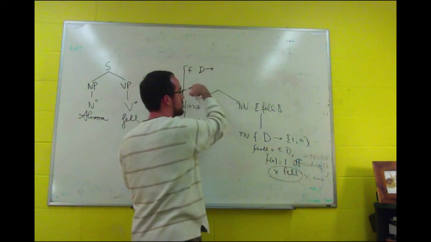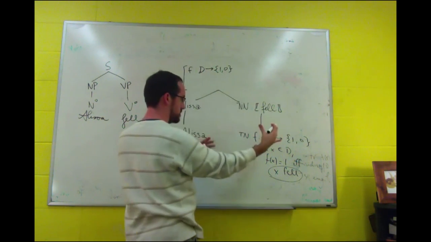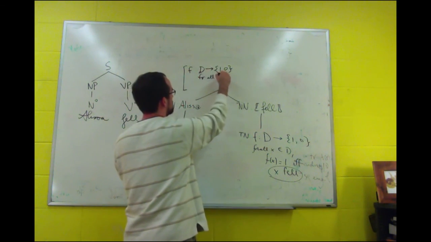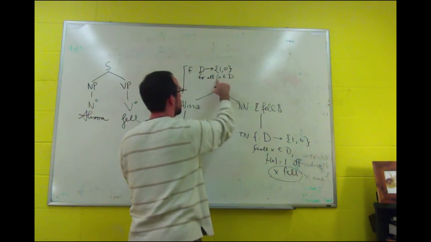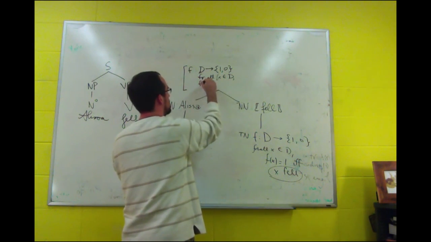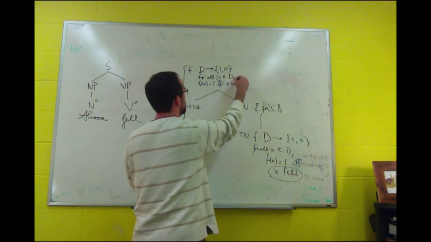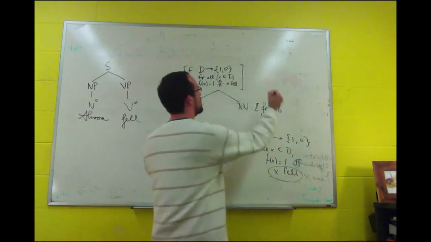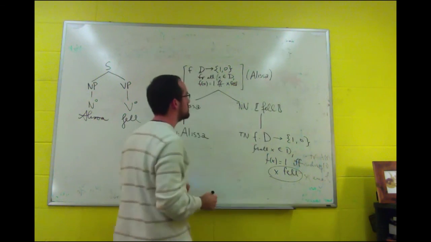Now, we can write this whole thing, and we put it in square brackets to show that it's a function and it's got a lot of content to it. It's more than one word, essentially. So for all x in D, f of x equals 1 if and only if x fell. That's the function. And then we take Alyssa and we plug it in.